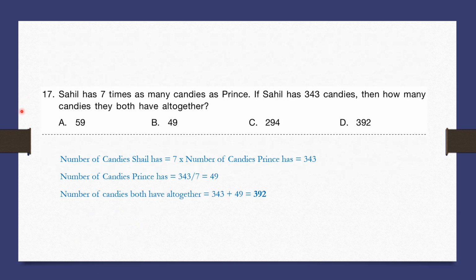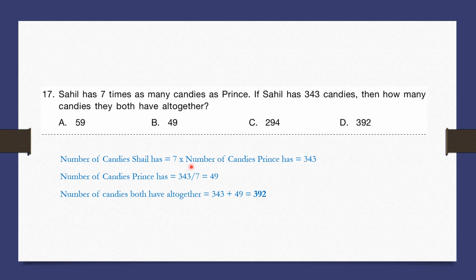Question number 17. Sahil has 7 times as many candies as Prince. If Sahil has 343 candies, then how many candies do they both have altogether? So it is given that the number of candies Sahil has equals 7 times the number of candies Prince has, which is equal to 343. So we write it down here.